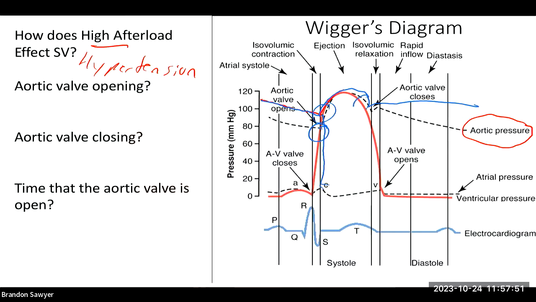And then it's going to close sooner, right? Because we're going to dip below that aortic pressure sooner because the aortic pressure is higher. So aortic valve opening comes later, aortic valve closing comes sooner. So then our total time that the aortic valve is open is less, right?